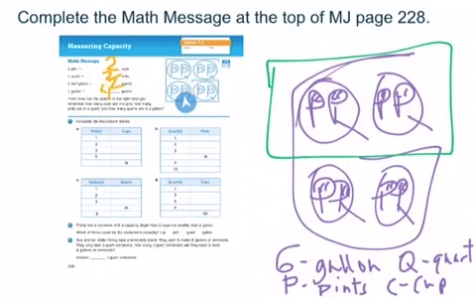So this helps you to realize how many cups are in a pint, how many pints in a quart, how many quarts are in a gallon. If I know that, I also know how many cups are in a gallon, right? I could add up all of the C's and figure out how many cups in 1 whole gallon.